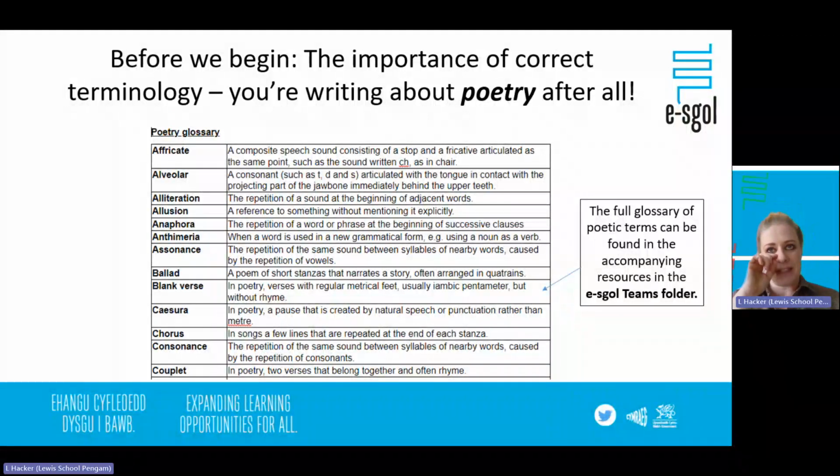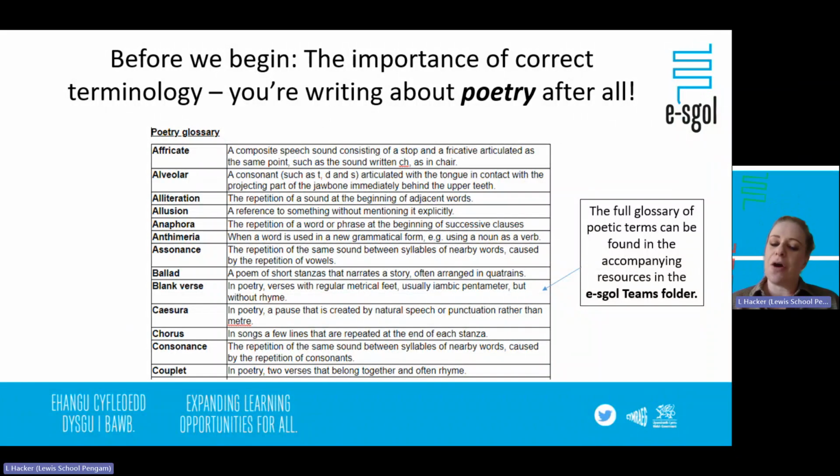And what I mean by that is, even just the most simple things like referring to the piece as a poem with stanzas, not paragraphs, referring to the writer as a poet rather than an author, referring to the voice of the poem. These are all terms that are relevant to poetry only.